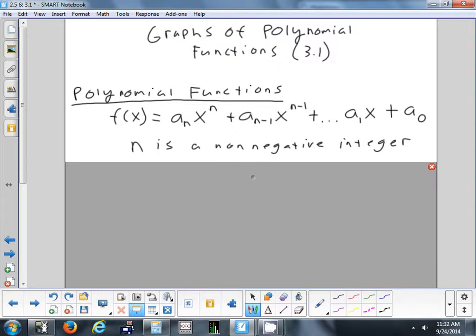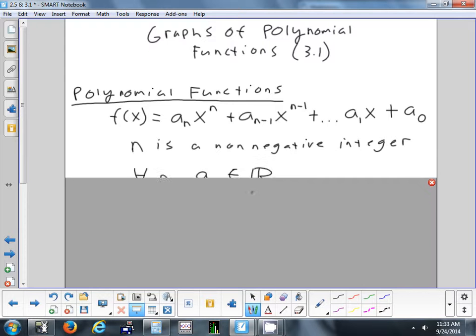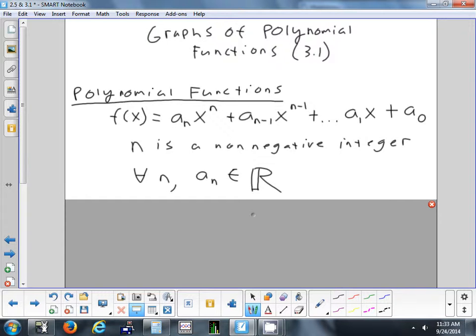You have to make sure that n is a non-negative integer. You cannot have negative exponents when you have a polynomial. N has to be a non-negative integer. Okay, so what this says is, for all, that's what that symbol means, for all values of n, the coefficient is a real number.